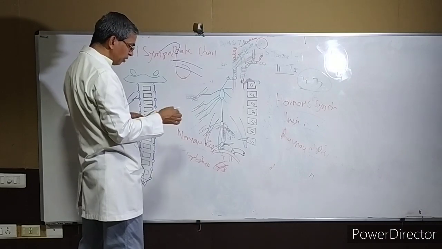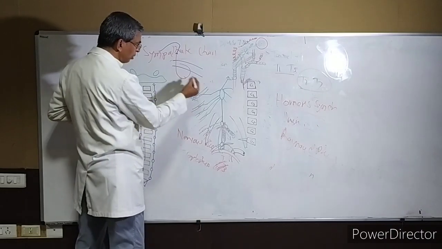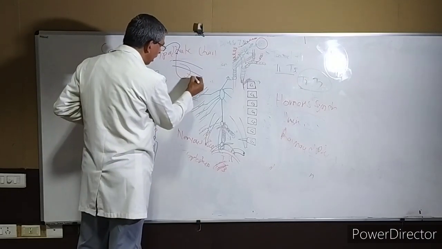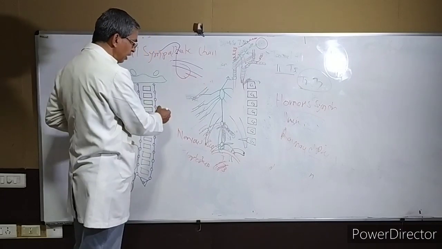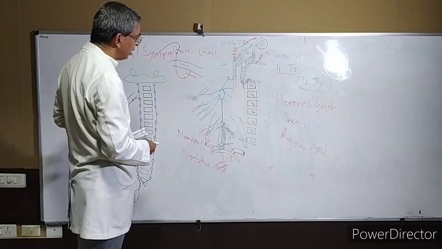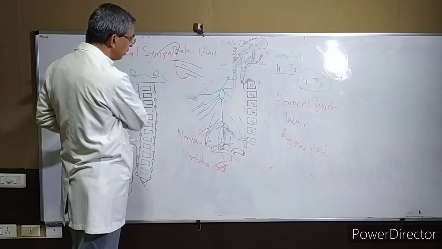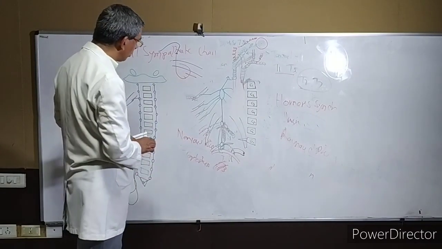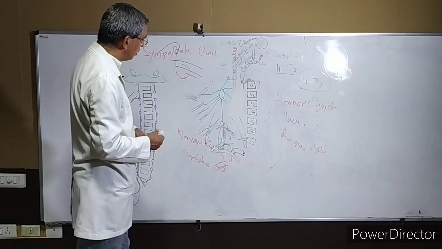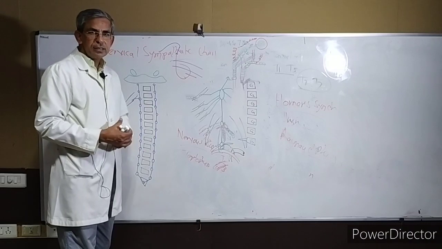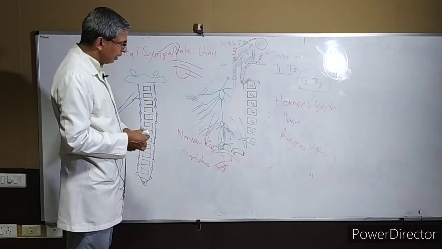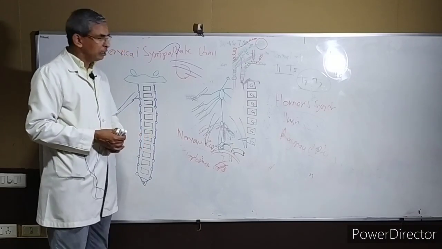So to relieve Raynaud's phenomenon, we have to cut the preganglionic fibers in the thoracic region, the T1, T2 and T3 segments, because these fibers pass upward and supply the blood vessels of the upper limb. So this is all about the cervical sympathetic chain. I hope you enjoyed today's lecture.